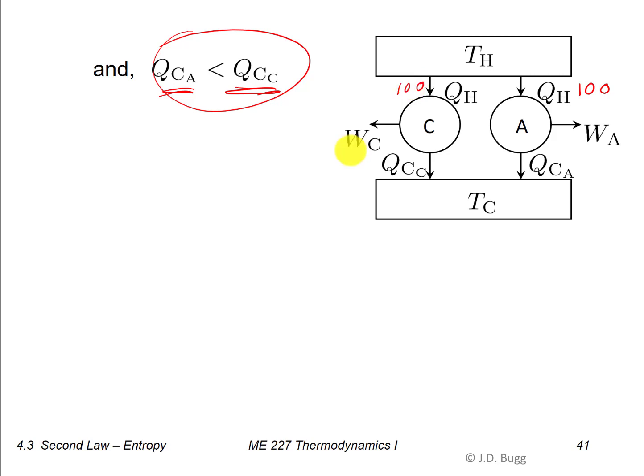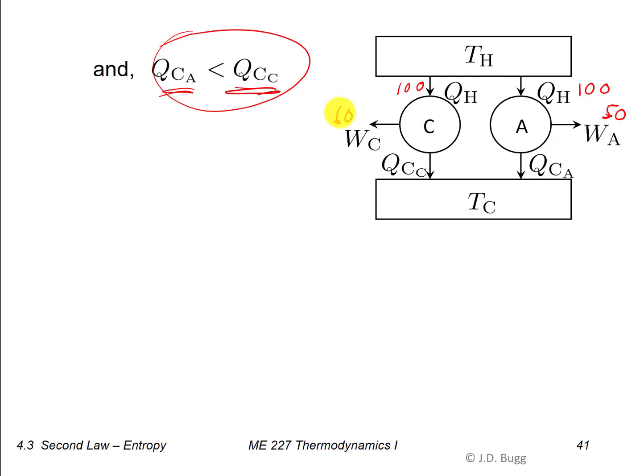Let's say that the Carnot cycle produces 60 units of work, so its thermal efficiency is 60%. Let's say that cycle A produces only 50 units of work. So this cycle is not as efficient: 50% efficiency here, 60% efficiency there.